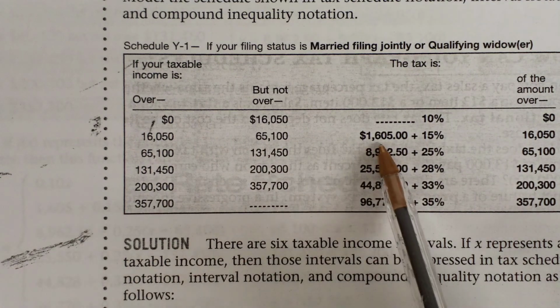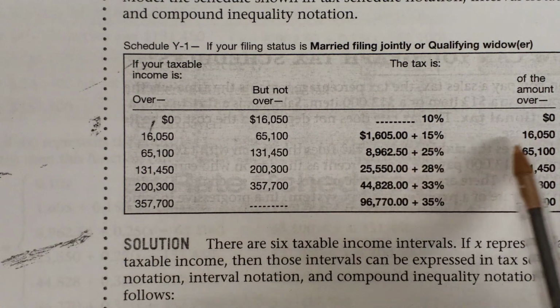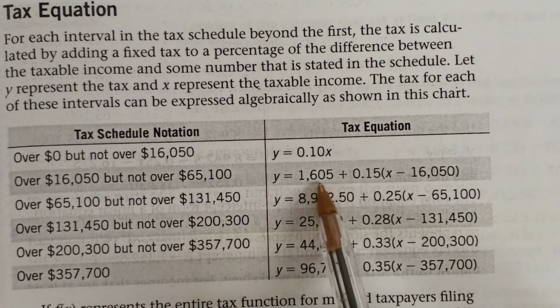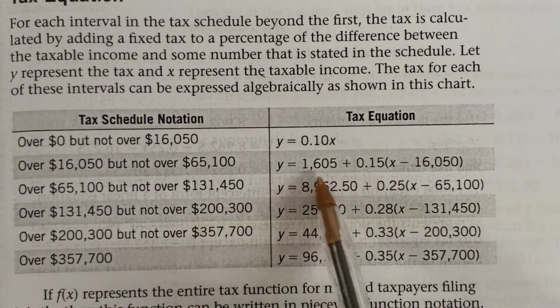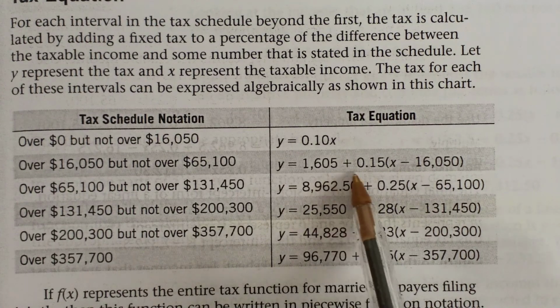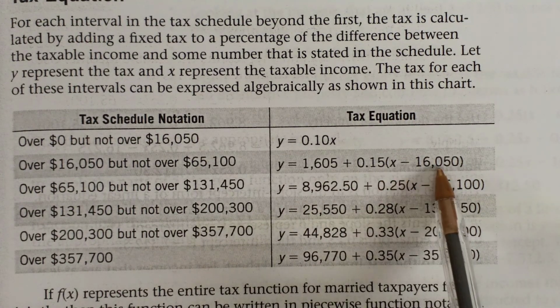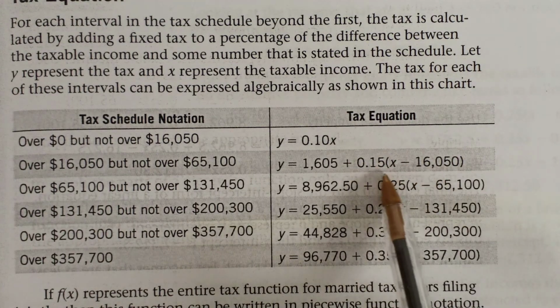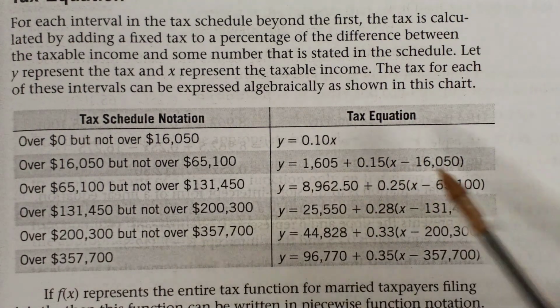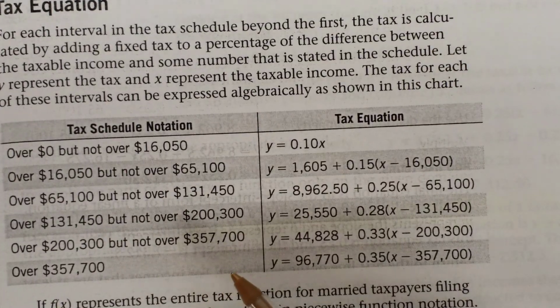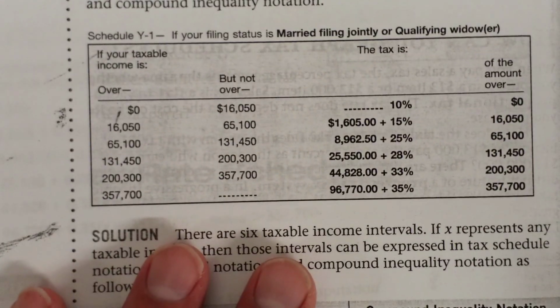You're paying this flat tax plus 15% of the amount over that. So as an equation, the amount of taxes you pay is that flat amount plus 15% of the amount over that. So you take your salary minus $16,050, multiply it times 0.15 plus the flat tax. So each one of these are the tax equations based on those income levels that are written right here.